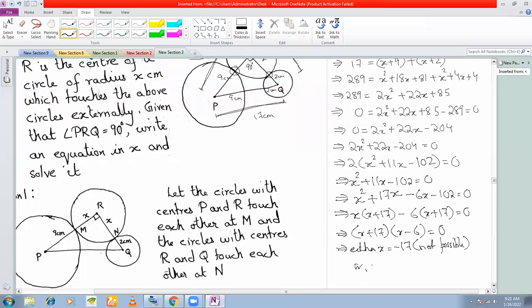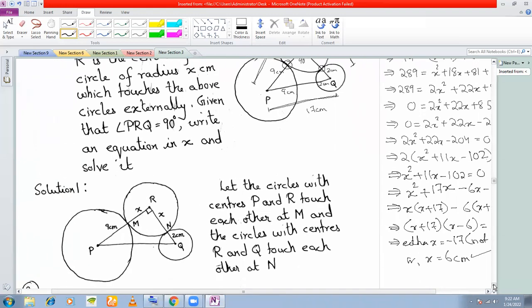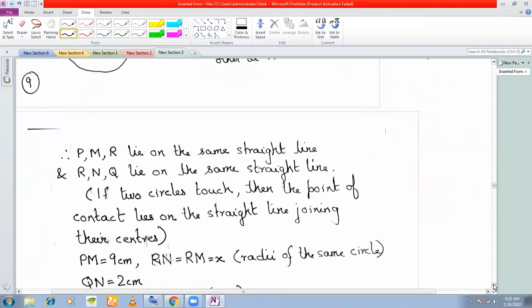Or you get x is equal to 6 centimeter. Right. So therefore the answer to what is the radius of the circle with center R is 6 centimeter. That finishes this problem. Let's move to the next question.